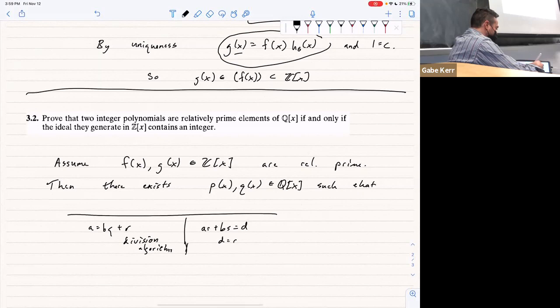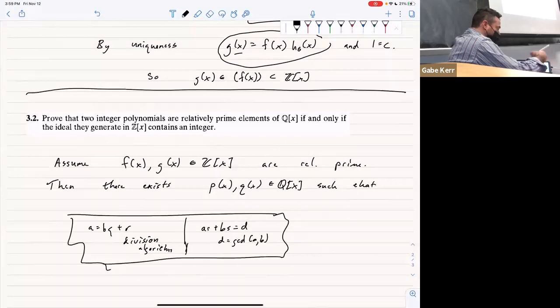Here D is equal to, you can say the gcd, but when it's relatively prime, that means it's 1. So this is the Bezout kind of thing, and I think Bezout really is meant for PIDs. Officially, they call this something else.